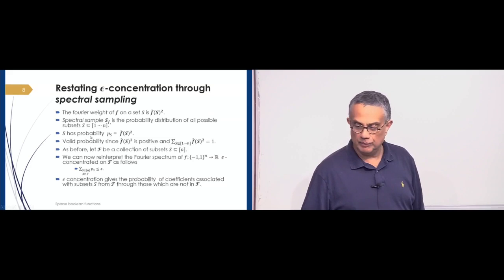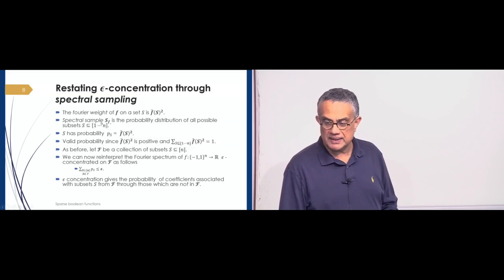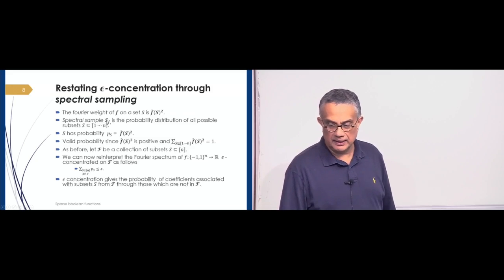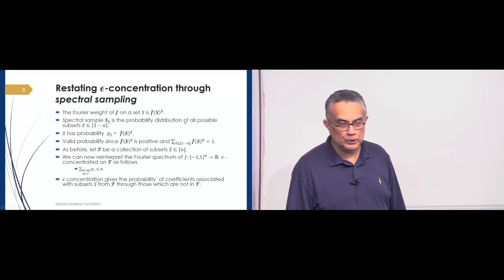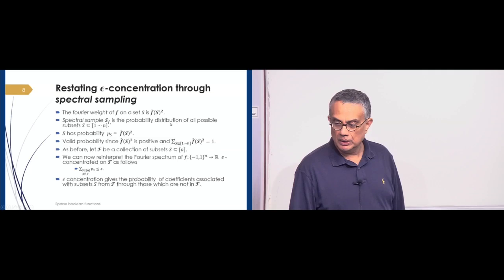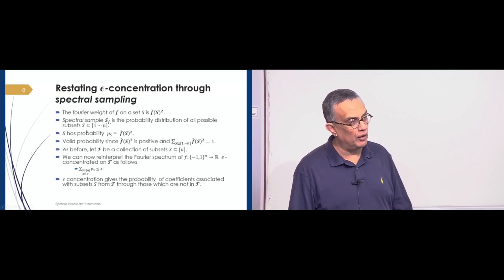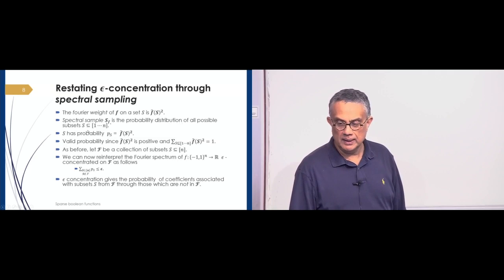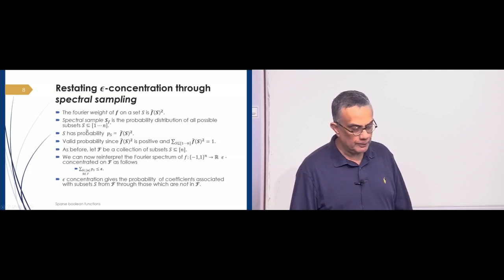Slightly different way of looking at properties of this set. So the spectral sample of a set S, given function f of course, is the probability distribution, in a way that I will just mention, of all possible subsets of the form S drawn from 1 to n. And what do we mean by that?